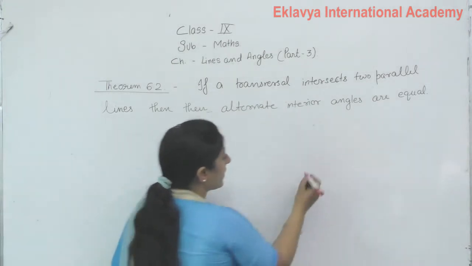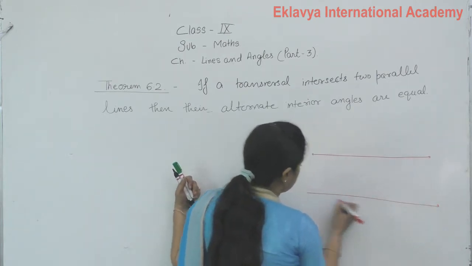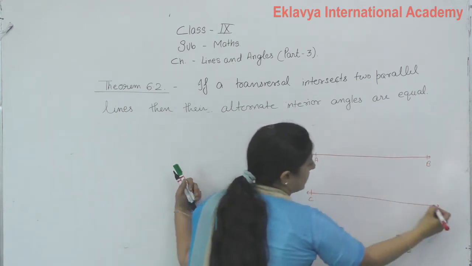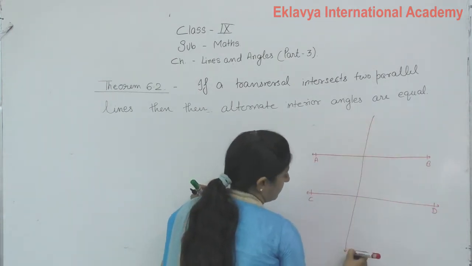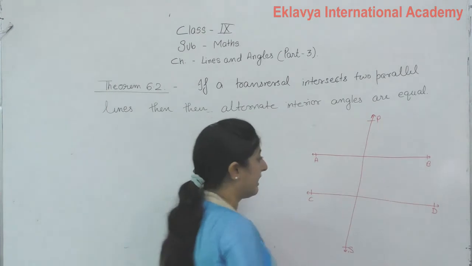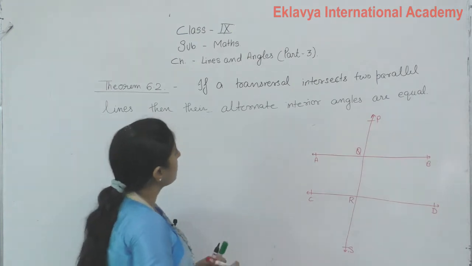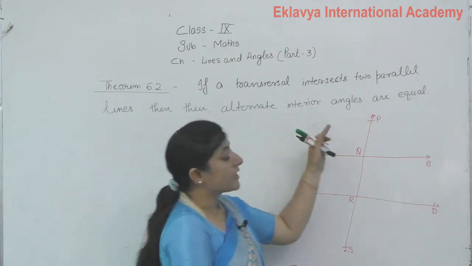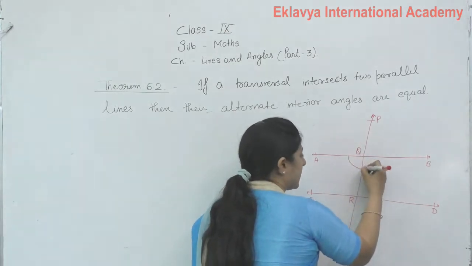See now, it means two parallel lines are given to you. AB and CD are two parallel lines, and there is one transversal. We take PS as a transversal intersecting AB and CD at points Q and R. What is the combination of alternate interior angles here?